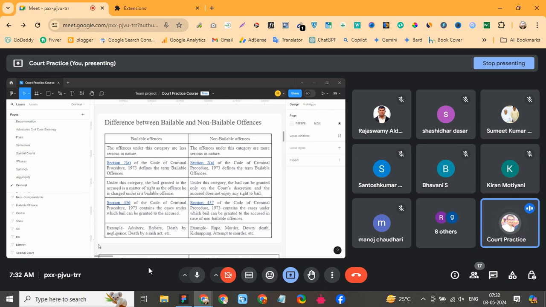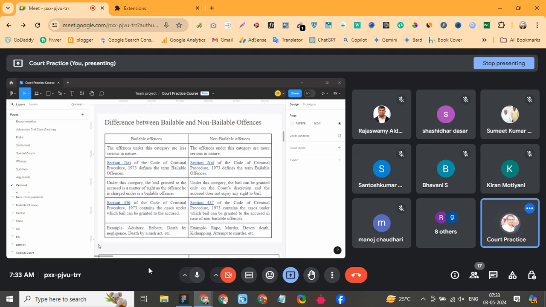And in a non-bailable offense, bail is not a right but due procedure of law, and the court is going to cross-check whether there is valid ground to grant the bail, and whether any conditions are enforced on that person or the accused to give him bail. So this is how we distinguish a bailable offense from a non-bailable offense.